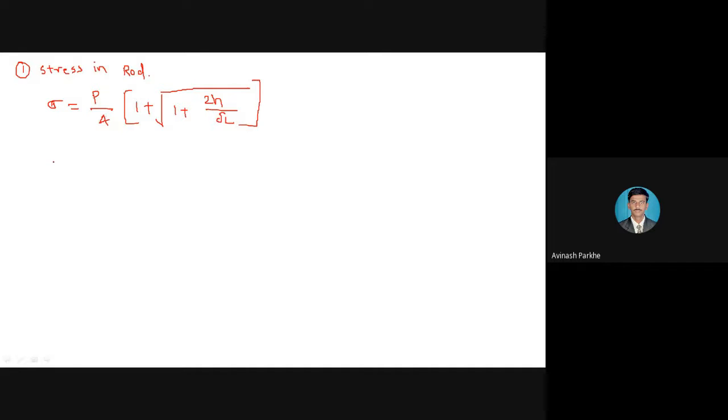So put all the values. Sigma is equal to P, which is given as 100 Newton, we can take it as it is. To calculate the area of the rod we have the diameter, pi by 4 into d square, in square bracket 1 plus square root of 2 into h into AE divided by PL.